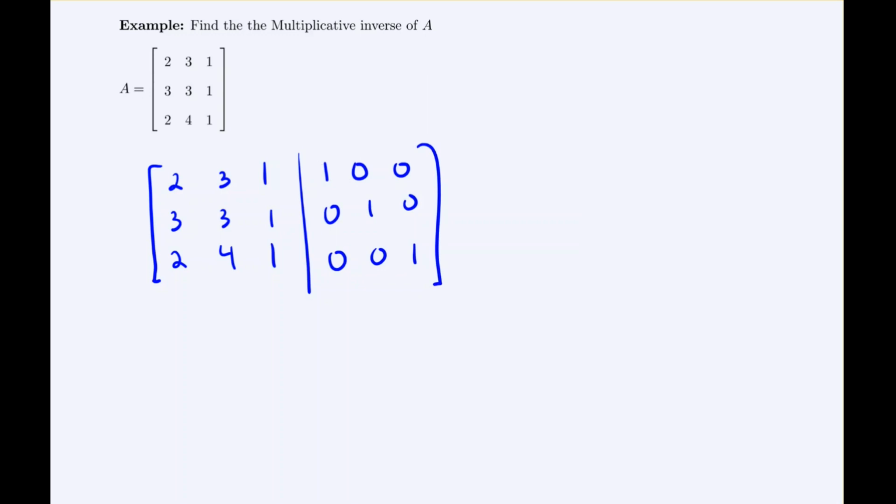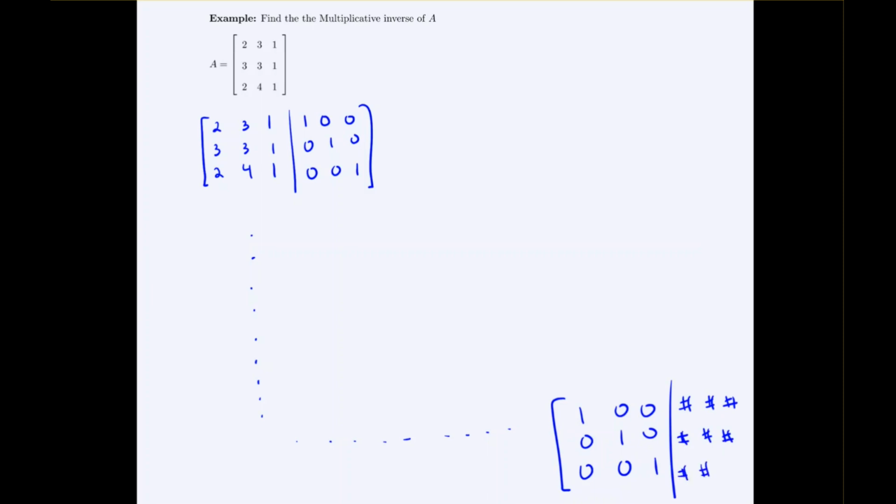And our goal, through a lot of steps, is to eventually get down to the identity on the left side. And as we were doing that, the values over here changed, and we kept track of those changes. And that resulting matrix on the right is the inverse.